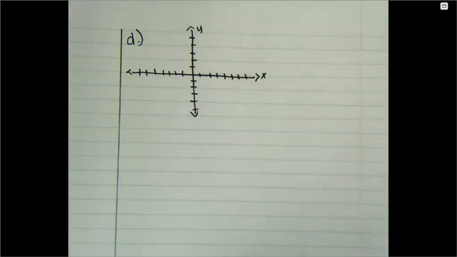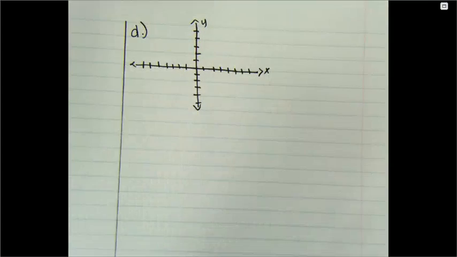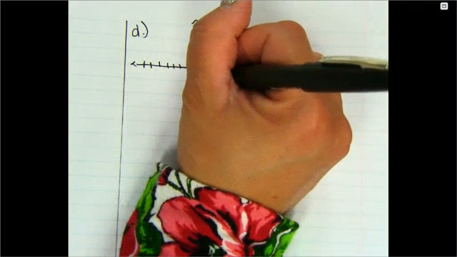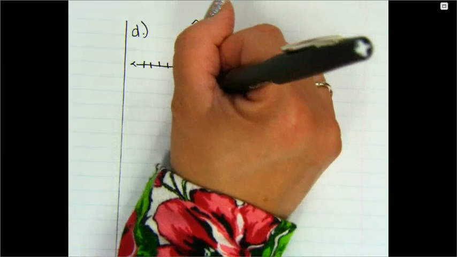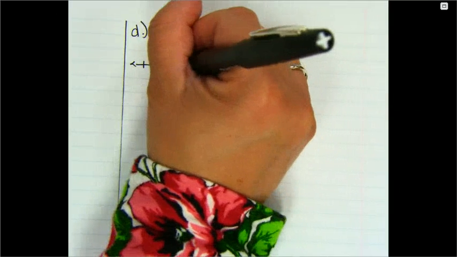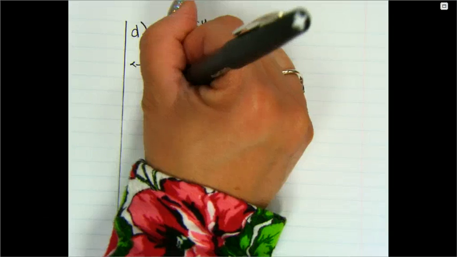All right, here we go. Graphing the point. You ready? Two comma 0. 0, negative 5. Negative 3, negative 3. That's it.